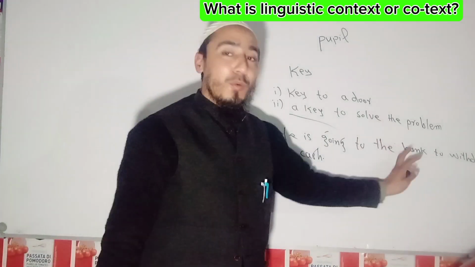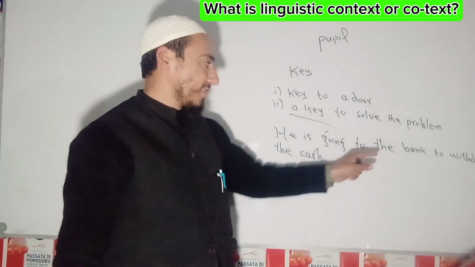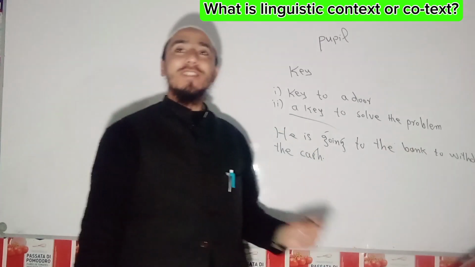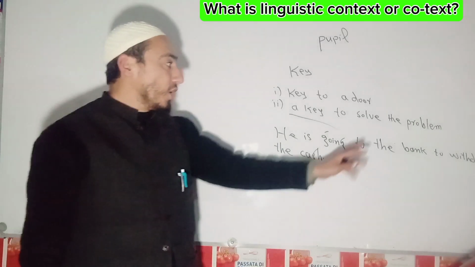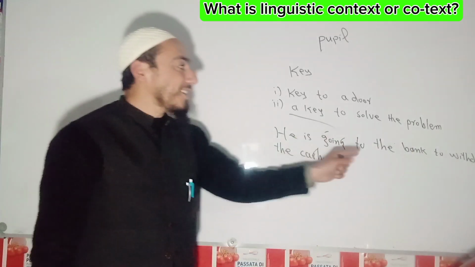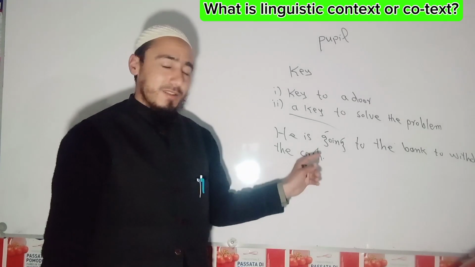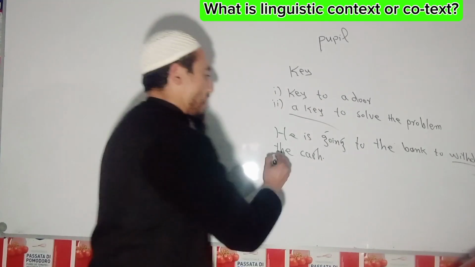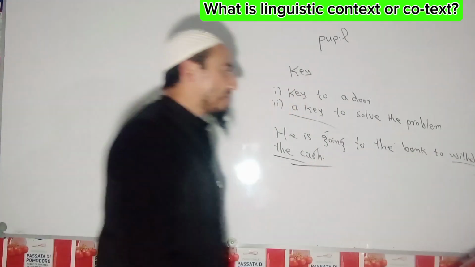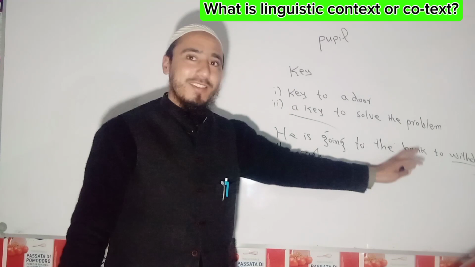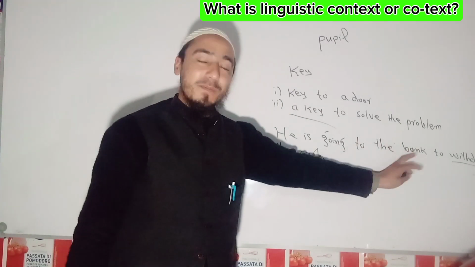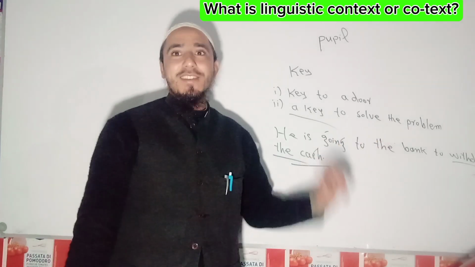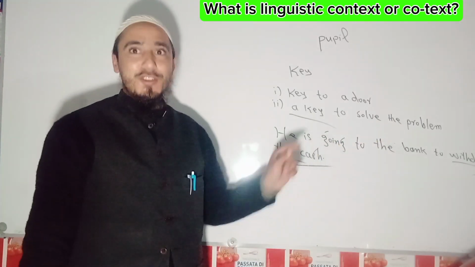You see, the word bank has two meanings because it is a homonym. Bank refers to the money institution, and bank also refers to the seashore, the seaside. Now, how do we know that this bank refers to the money institution? It is because of the withdrawal, particularly because of the cash. So when I'm talking about the word cash, it means bank refers to the money institution. This is a very interesting example.